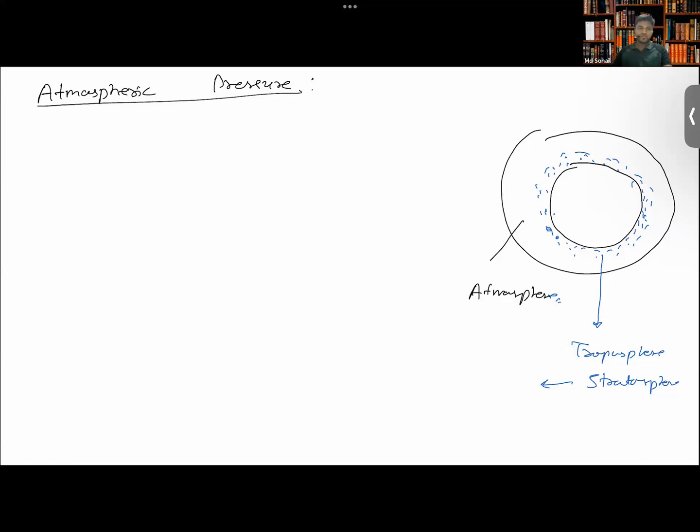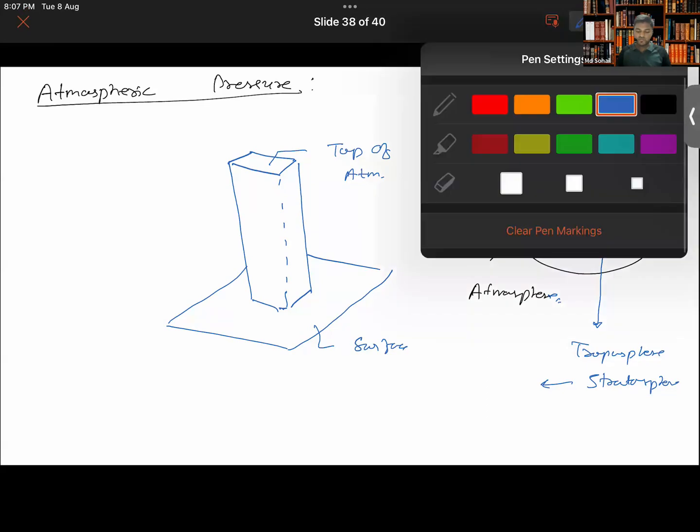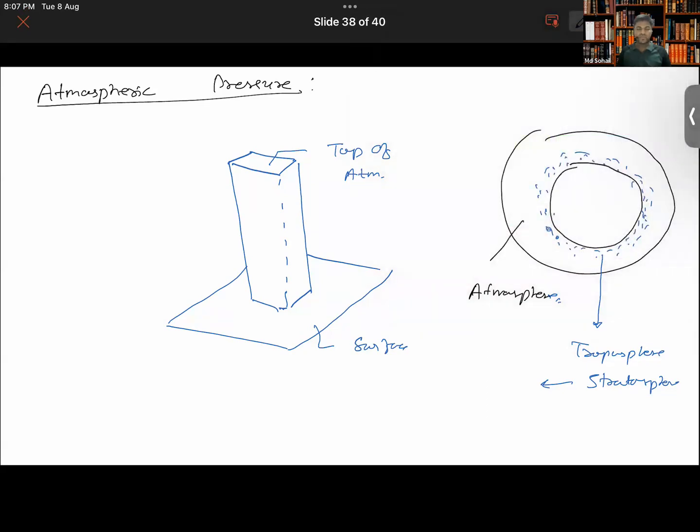Okay, so let's say this is the top of the atmosphere. I have just taken a column of air, and this is the top of the atmosphere, and let's call this the base, or a surface. At the base, you will see there's high composition of atoms.